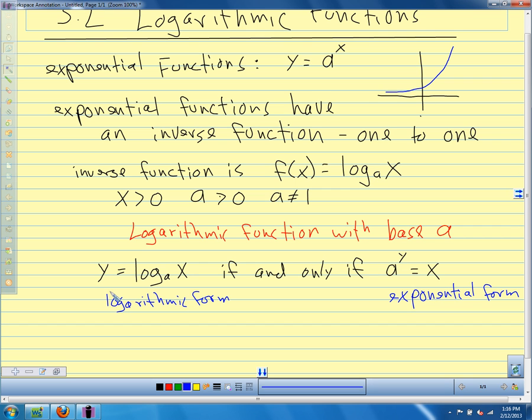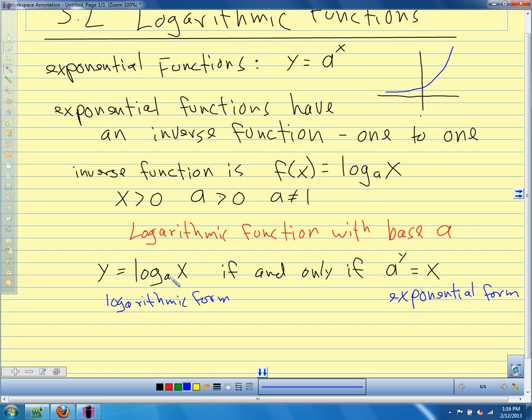Now, I know when you worked with logarithmic functions in the past, a lot of teachers have different tricks for how to remember to switch from logarithmic form to exponential form and back, talking about rolling logs and that kind of thing. That works. That's fine. The way I think about this is we can think of log as the power of.